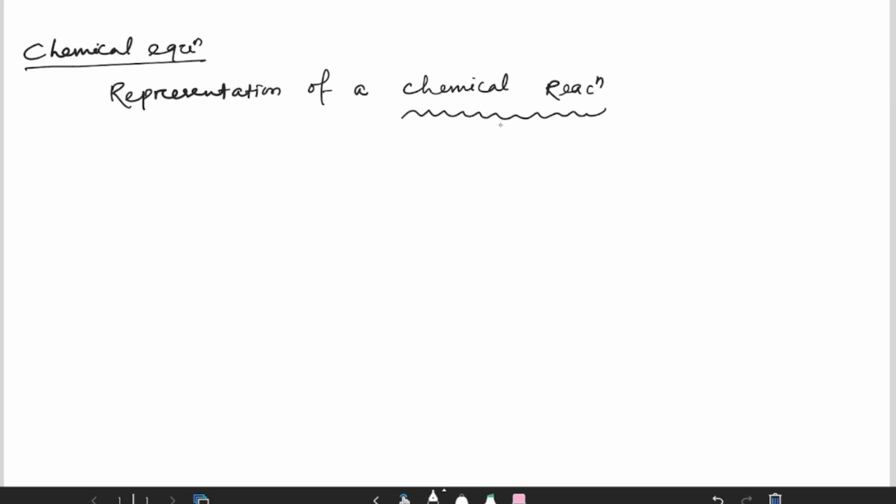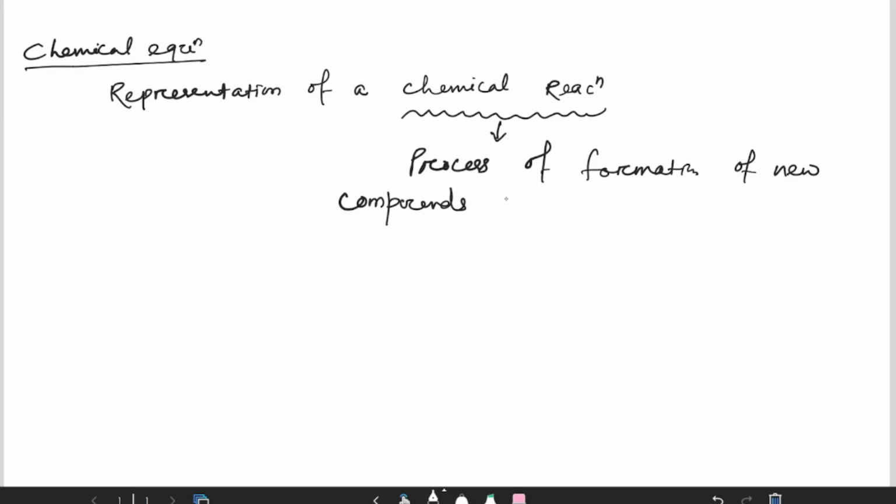Look, a chemical reaction is a process of formation and making of bond. Chemical reaction is a process of formation of new compounds from the reactants.